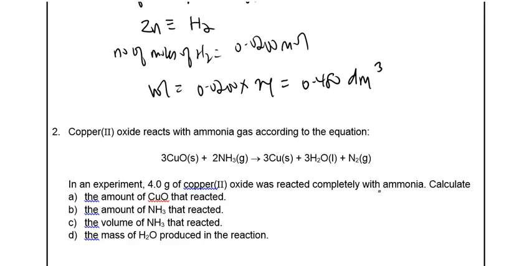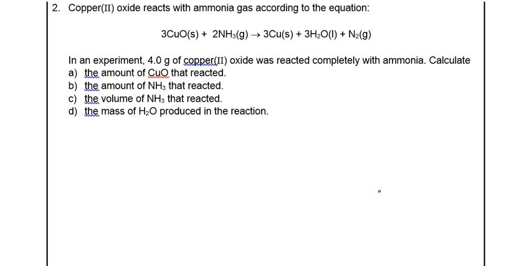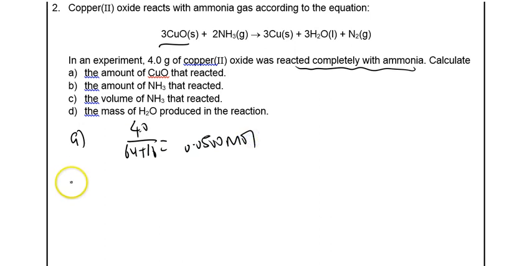For question 2, this is a step question, so it's quite simple. I have 4 grams of CuO, and it reacts completely with all the ammonia. Part A, what is the amount of CuO reacted? It's simply mass divided by molar mass, 64 plus 16, and I have 0.0500 mole. Part B, what is the amount of ammonia that reacted? From here, I know that 3 moles of CuO will react with 2 moles of NH3.